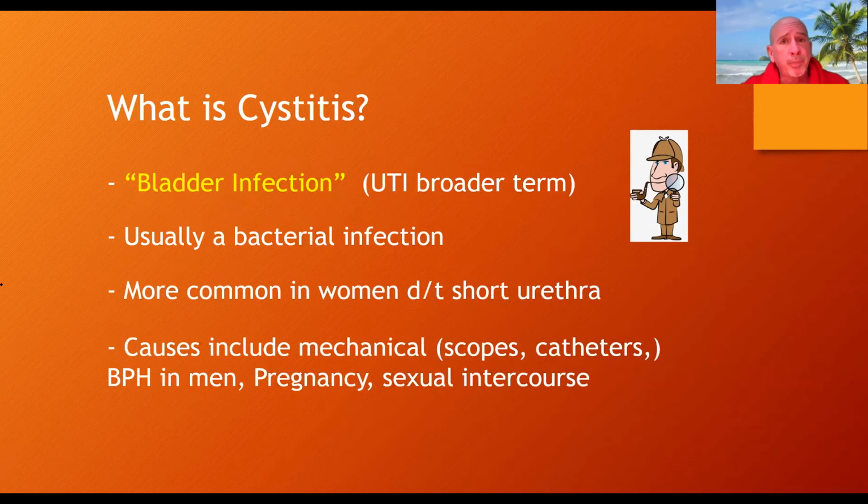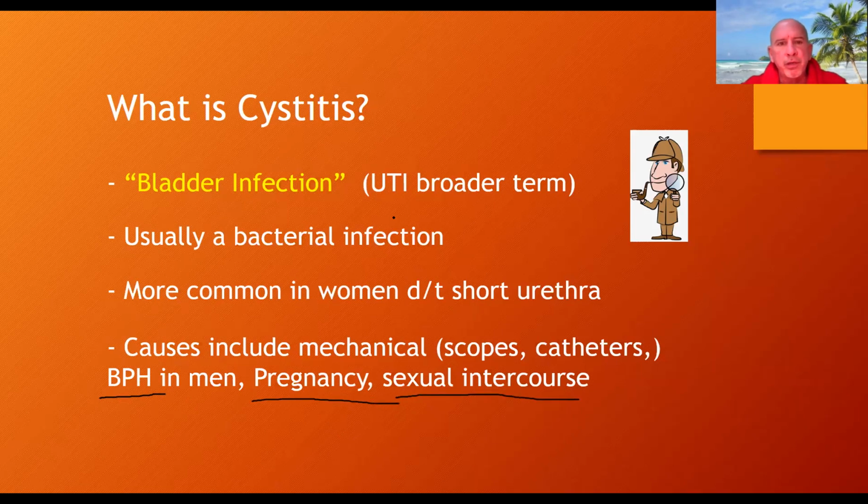It can be a mechanical problem. There again, anytime you're blocking the flow of urine, you increase the chance of a bacterial infection. So if the man's prostate is swollen, he's not peeing as well, he can get an infection. Pregnancy, things aren't flowing as well, can get an infection.